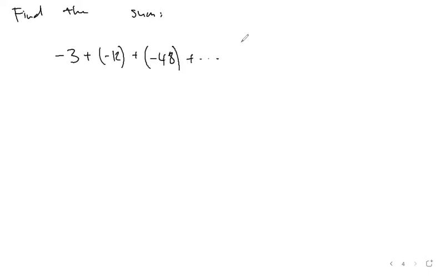Yeah, so let's do this one. Find the sum of the following: -3 plus -12 plus -48 plus all the way up to -3072.